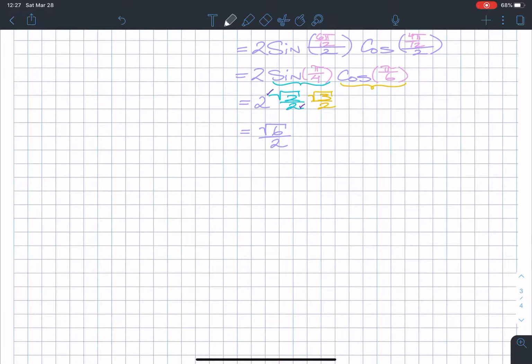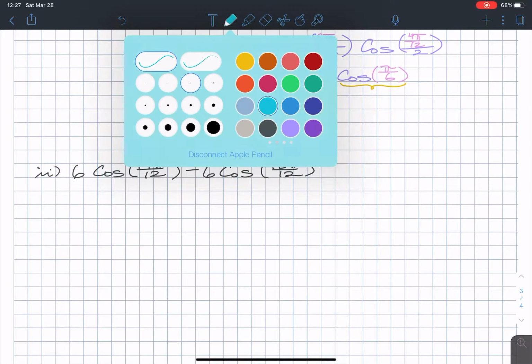Okay, so number 2, let's say we have 6 times cosine of 19 pi over 12 minus 6 times cosine of 13 pi over 12. So what do we have here?